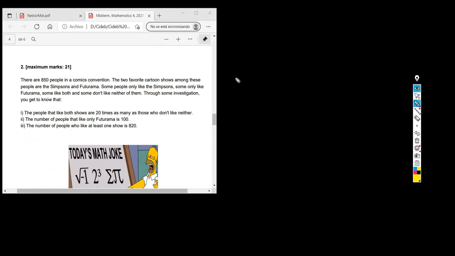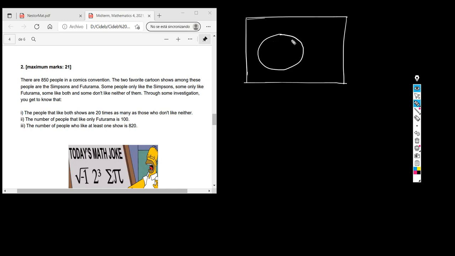You do it in this way, by making use of a Venn diagram depicting the relationship among all of these people, right? So this is the Venn diagram representing all the attendees to this convention. We can draw a circle depicting all the fans of The Simpsons, and another circle representing all the fans from Futurama.